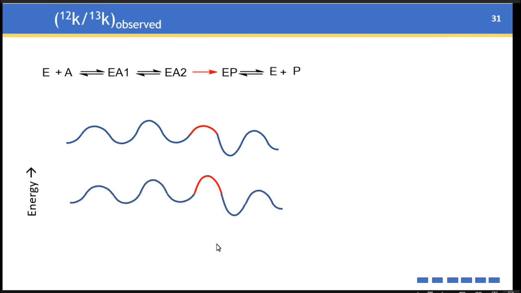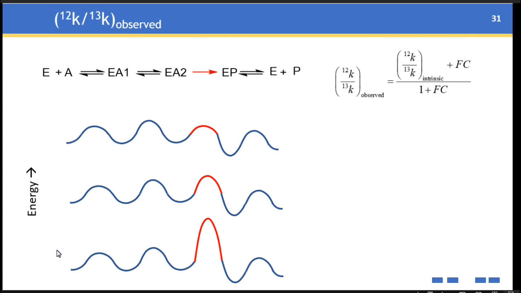It turns out that different enzymes have different heights of the isotope sensitive step relative to the other steps, and this affects the observed kinetic isotope effects in an enzyme reaction.